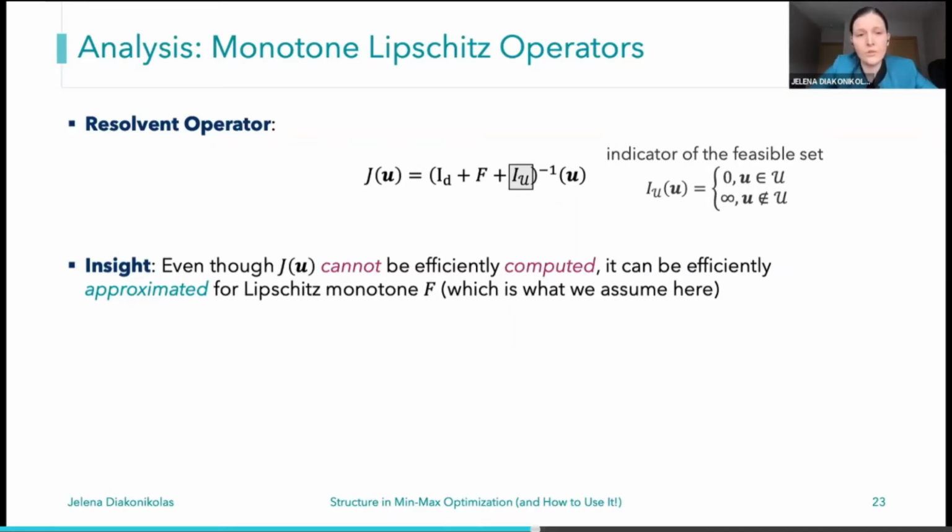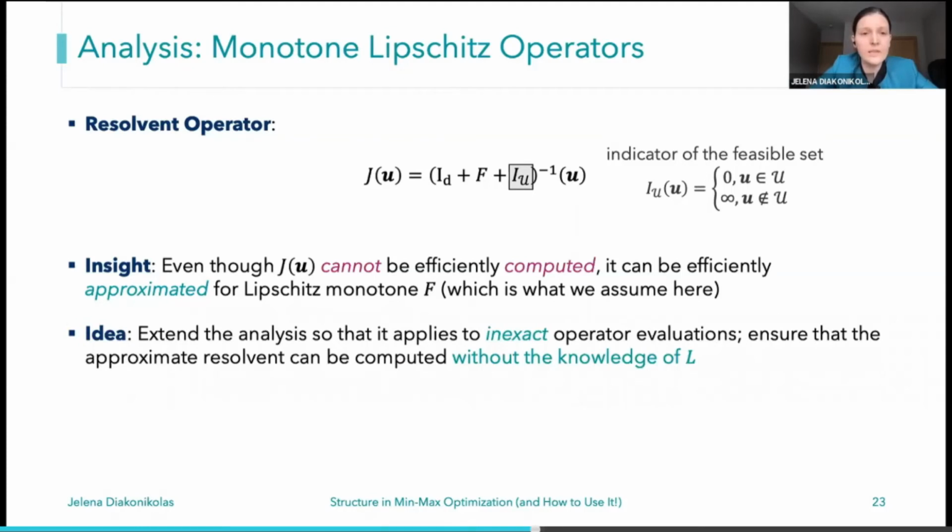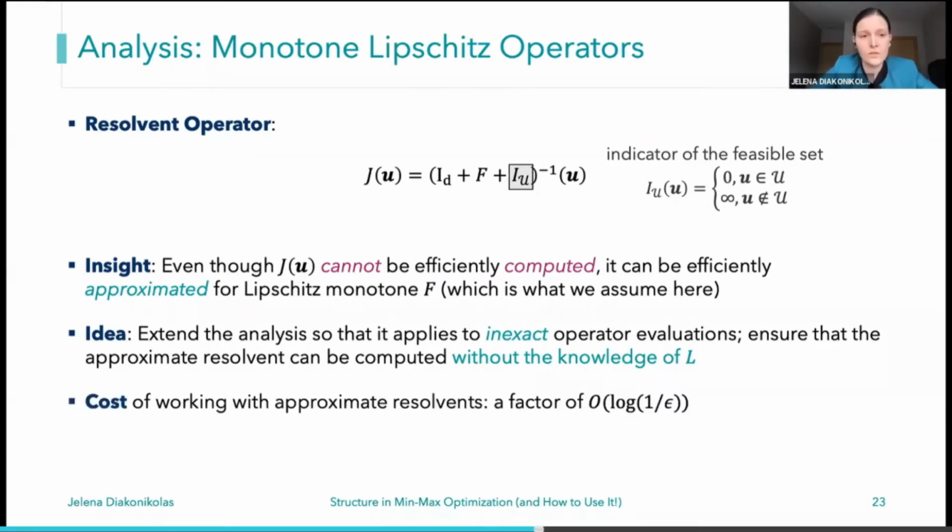And what you then need from the analysis is that it works with inexact evaluations of the operator. So that's kind of the main extension that you need here. You lose a little bit. So the cost that you pay for approximating the resolvents is log 1 over epsilon, but it's still not bad.